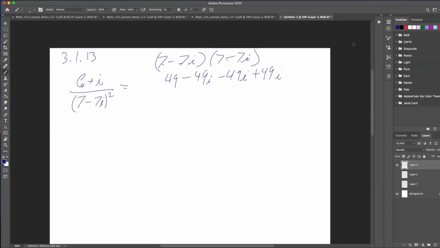And so what do we have here? When we simplify this down, this becomes minus 98i. This i squared just becomes a -1. The -1 comes up here. So 49 minus 49 is, of course, 0. So I'll have 6 plus i over minus 98i.